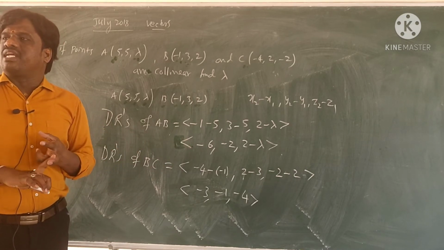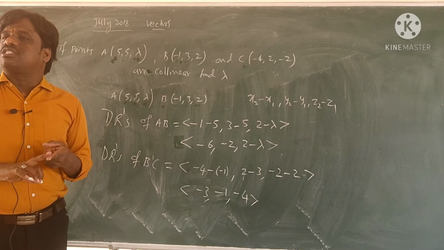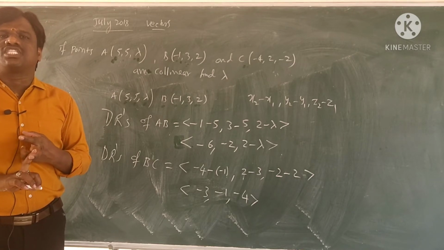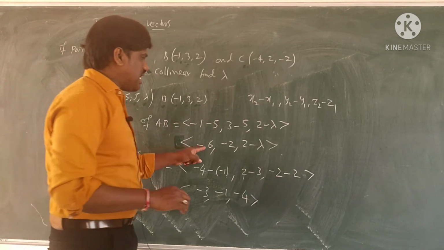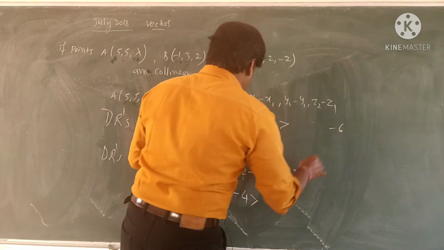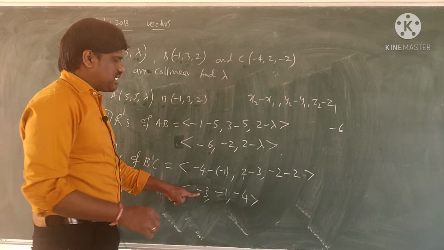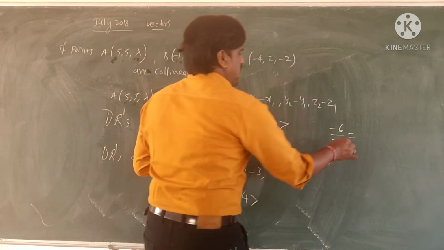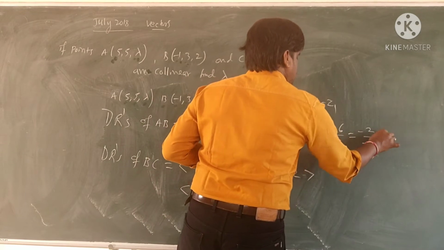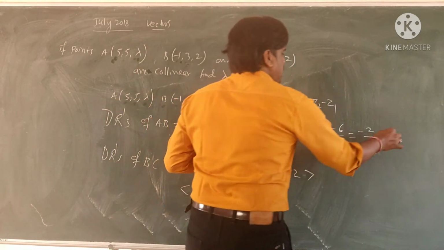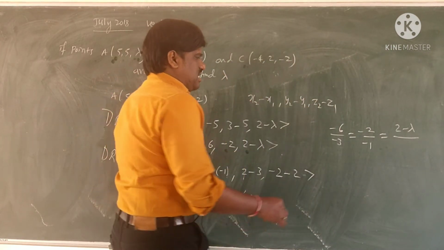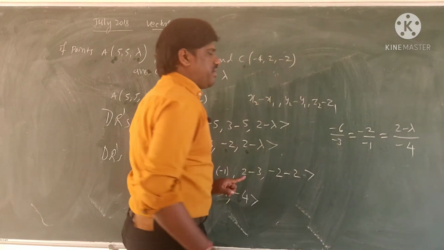Now if they are collinear, then the direction ratios are proportional. Proportional means what I can write here? Minus 6 by minus 3 is equal to minus 2 by minus 1 is equal to 2 minus lambda by minus 4. I can equate this.